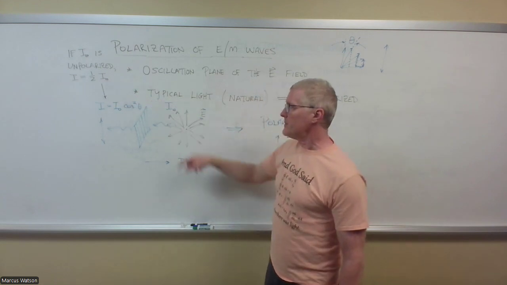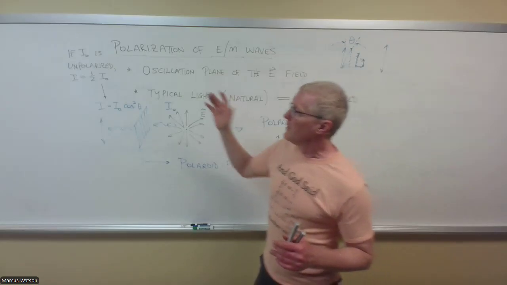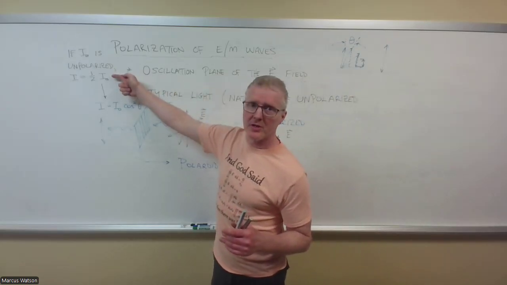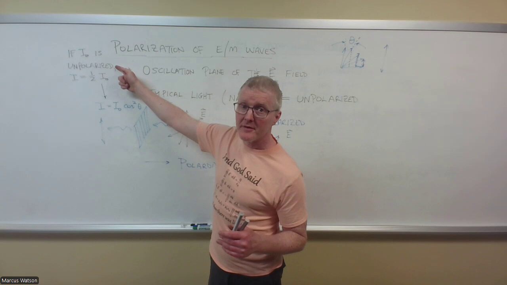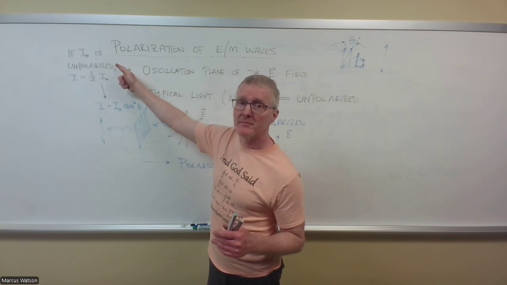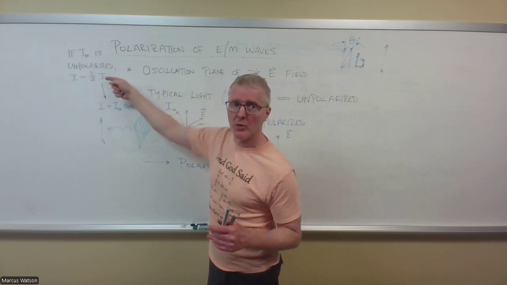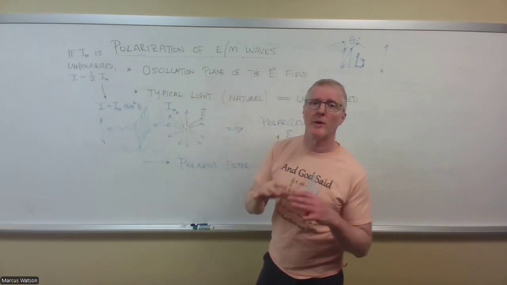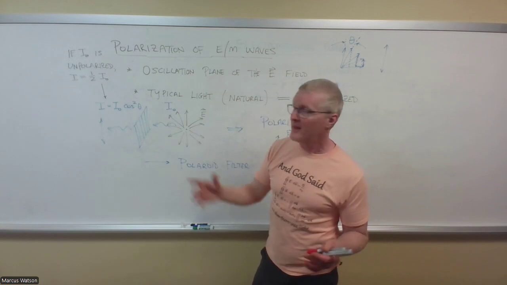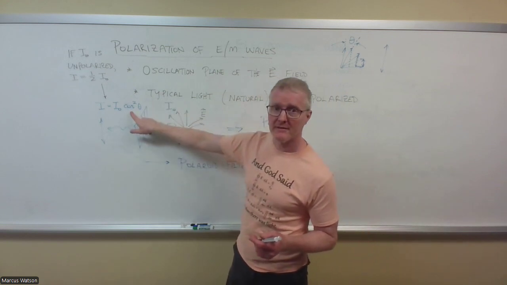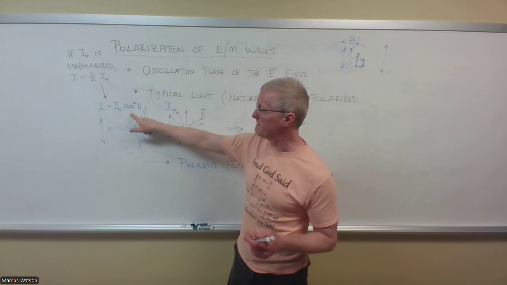Now, the 1/2 rule is always in play if the incident light is unpolarized. I cannot use this little cute rule if my incoming light is already polarized. Then I have to go to the cosine squared rule. Okay?